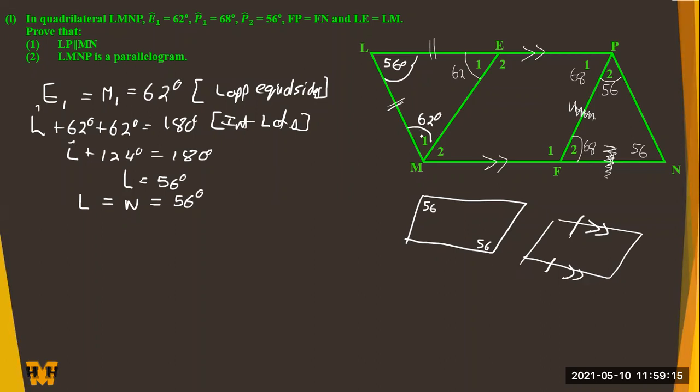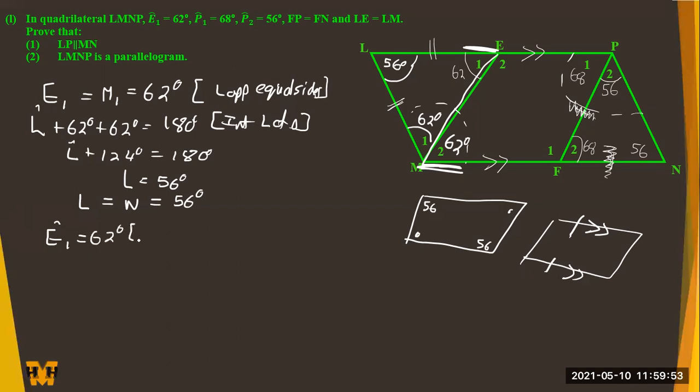So let's see if we can somehow now prove that this M1 plus M2 is equal to that one. Then I can just work with two pairs of opposite angles are equal. So let's see, M2, we can actually say, because we know this is parallel lines, from the previous proof. So I can say angle E1 is equal to 62.